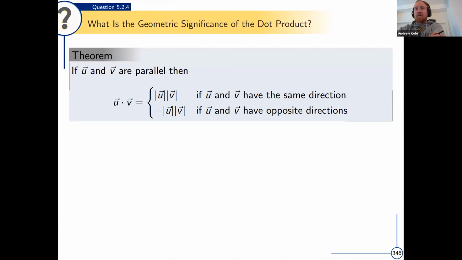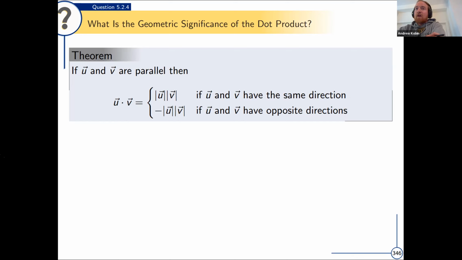Okay, so let's start getting into the geometric interpretation of the dot product. First, and I'll state this using two theorems. First of all, for parallel vectors, which we know have an angle of 0 or pi, or 0 degrees or 180 degrees between them, they point in the same or opposite directions. In other words, the dot product actually tells you which direction they point in relation to each other.